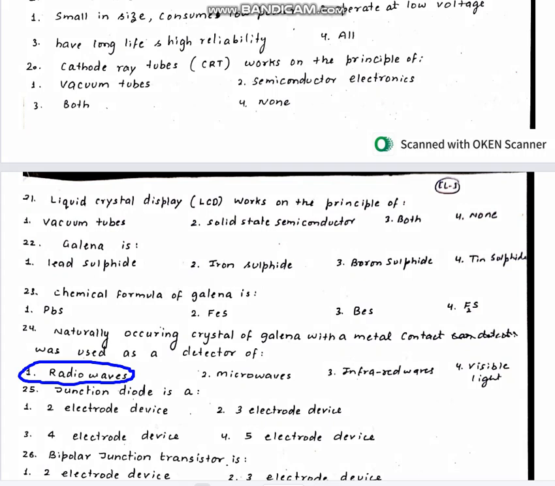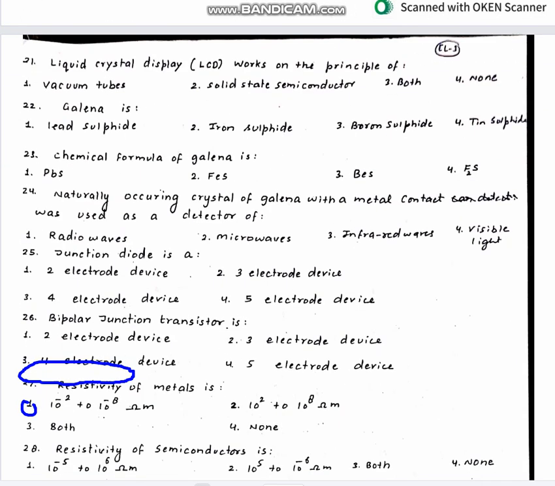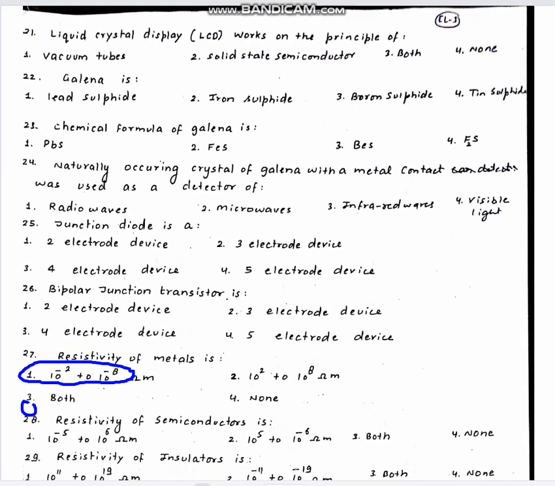Next is junction diode is a two electrode device. First is correct. Next is bipolar junction transistor is a two electrode device or a three electrode device. Bipolar junction transistor is a three electrode device.